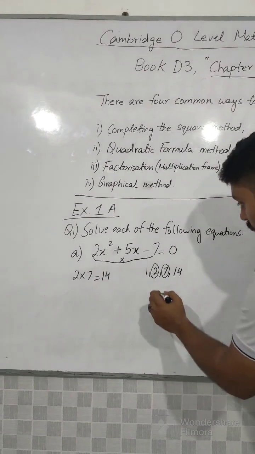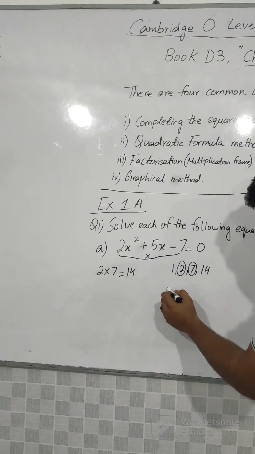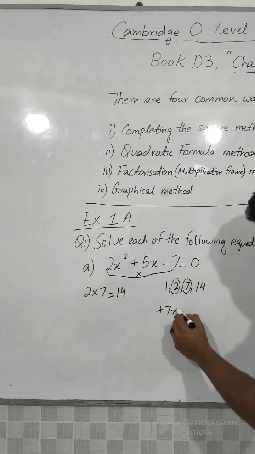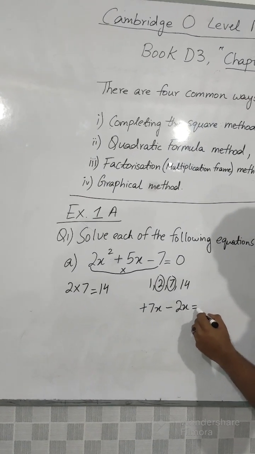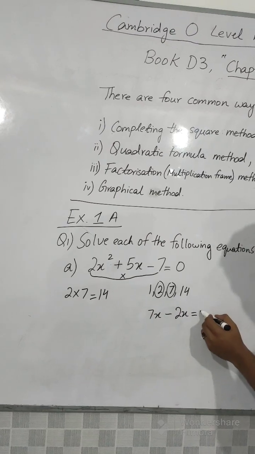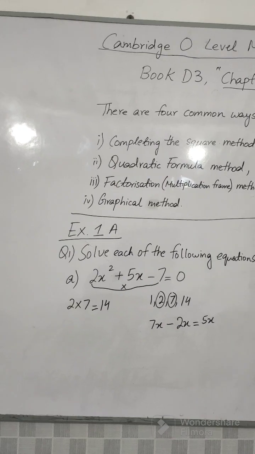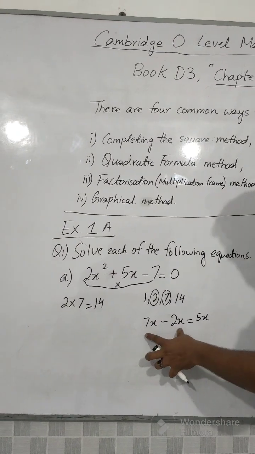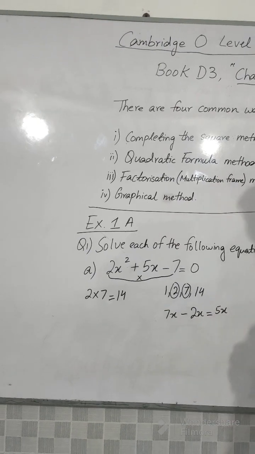Because you need plus 5, you need to write down plus 7x and minus 2x, which gives you plus 5x, correct? So this will be the method of breaking the middle term.